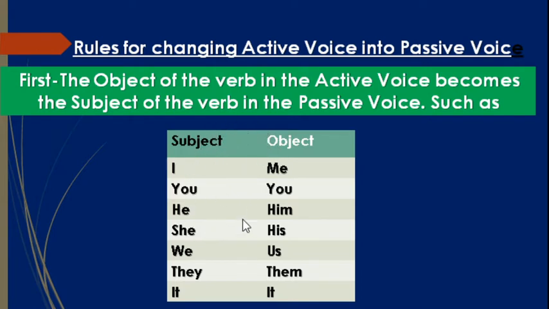You should have a clear idea of when to change and how to change. Here the subject I has the objective form me. You, the subjective form, and you, the objective form, are the same. He, him; she, her; we, us; they, them; it, no change at all.